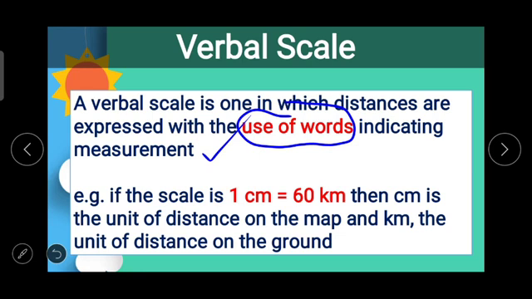Here distances are expressed with the use of words. For example, if the scale is 1 centimeter is equal to 60 kilometer, then centimeter is the unit of distance on the map and kilometer the unit of distance on the ground.